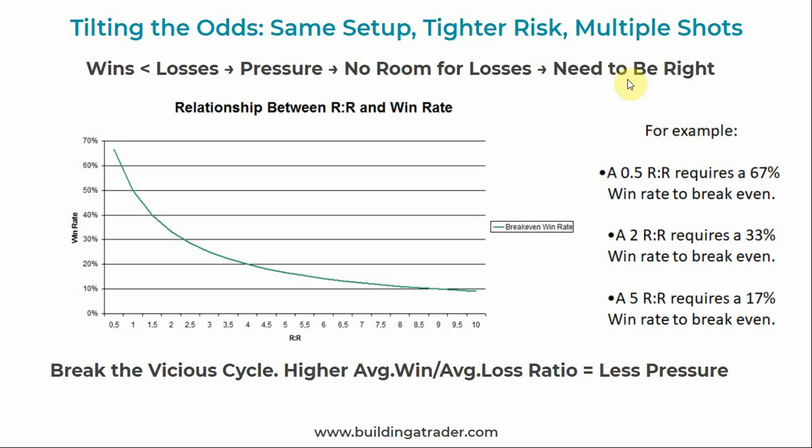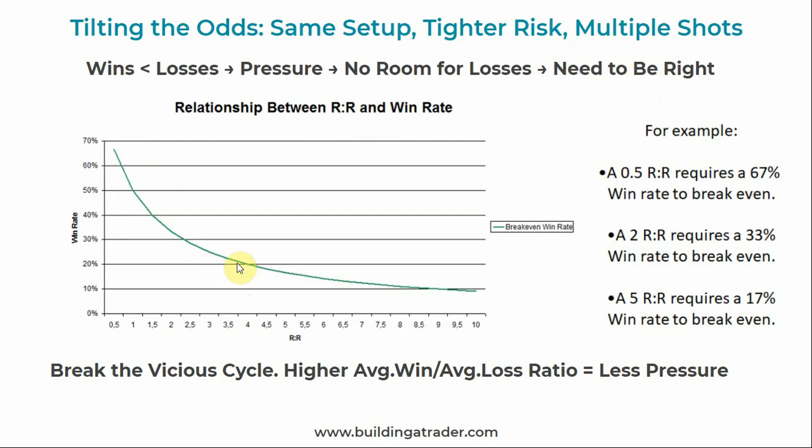It's tough enough to trade with a consistent system when you're not paying attention to the need to be right. This will just derail any efforts to build a proper system and execute that system. So focus on the relationship between the risk reward and the win rate. Remember, the larger your wins are, the smaller the win rate has to be in order to break even.